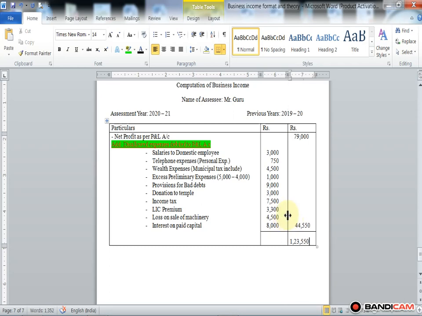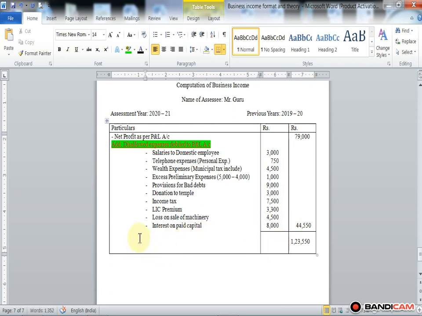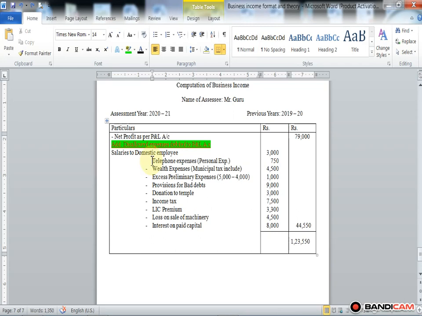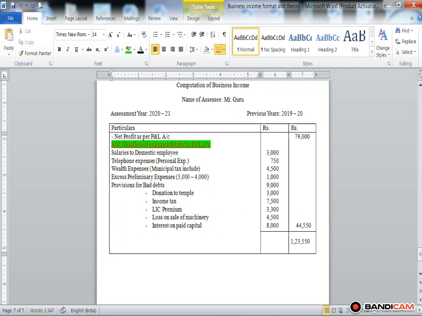Okay, then as per format, we deduct allowable expenses not recorded in the books of accounts.